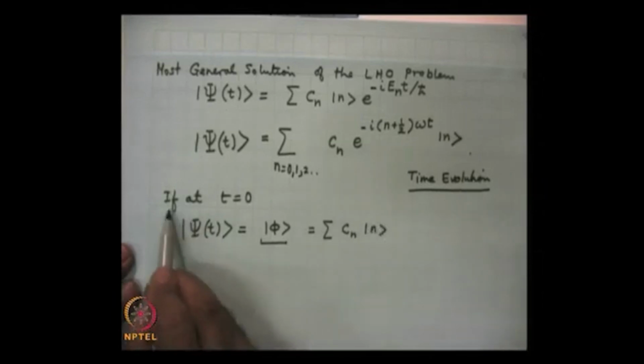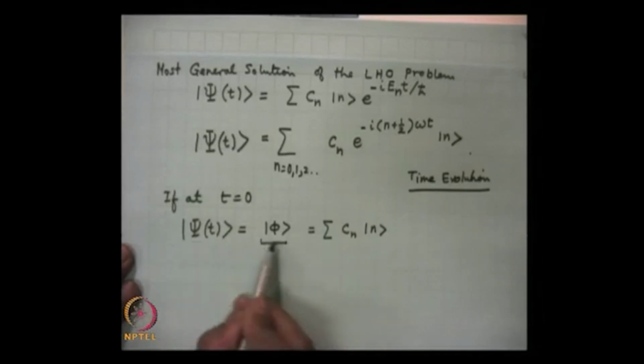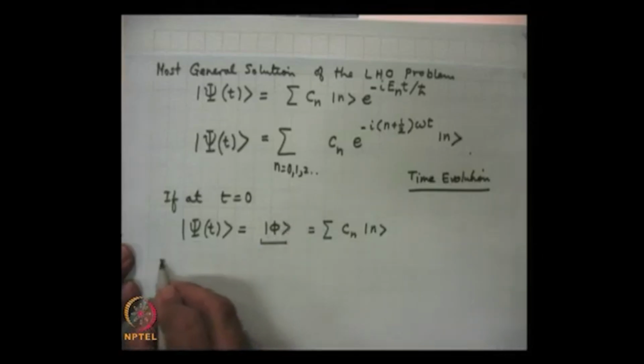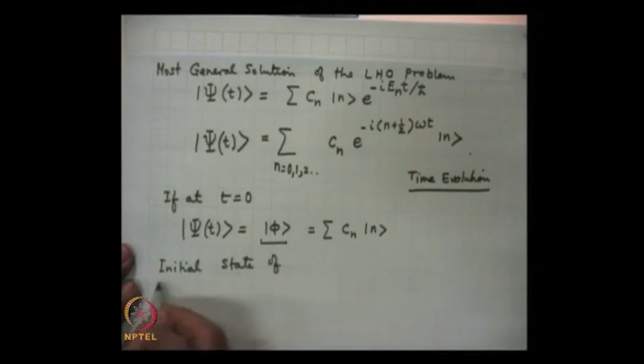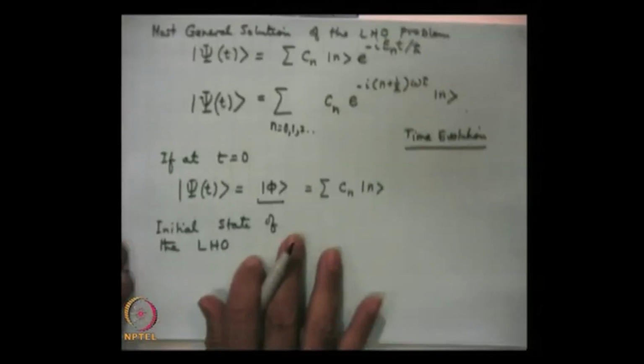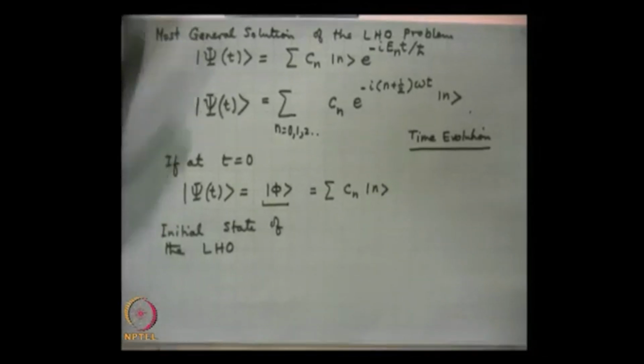So, let at time t equal to 0, psi be equal to phi, that is, this describes the initial state of the linear harmonic oscillator. This is how we solved a variety of problems.